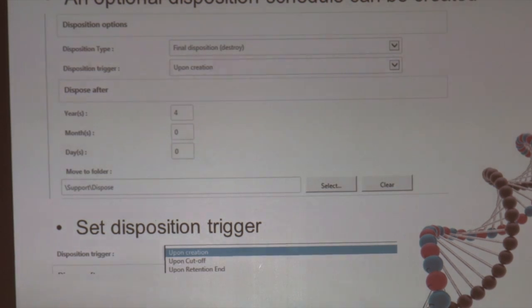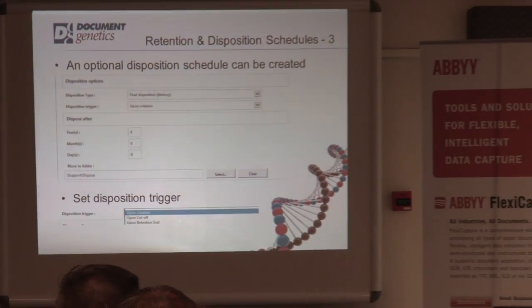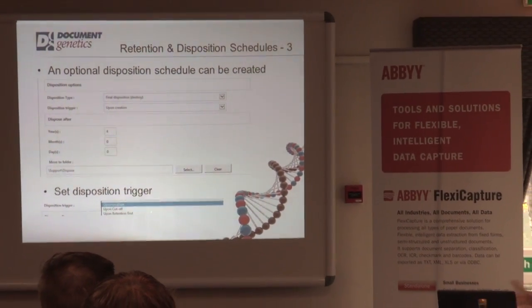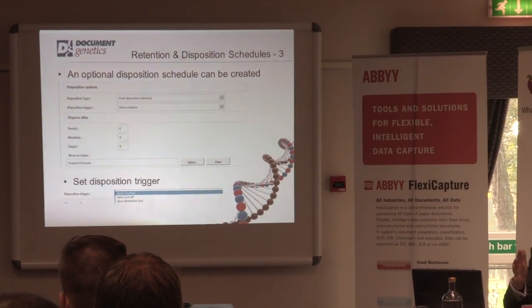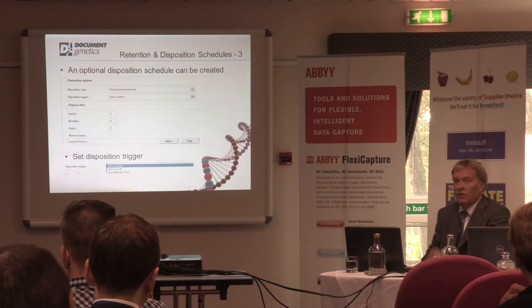All it is is a field where you can manually select anything from 10% to 100%. And the idea is when it's 100%, then that document is completed. It can't be added to or what have you. When it reaches that 100%, that's when this upon cutoff kicks in.